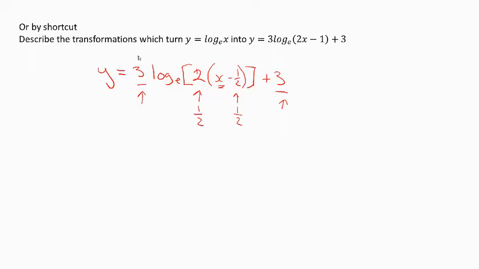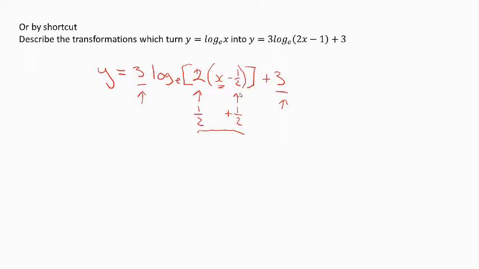So remember here, everything which is outside the brackets is happening from the x-axis. Everything which is inside the bracket, we do the opposite of. So if that's a minus inside the bracket, we do a plus. If that's a times by 2, we're timesing by a half, or we're dividing by 2.